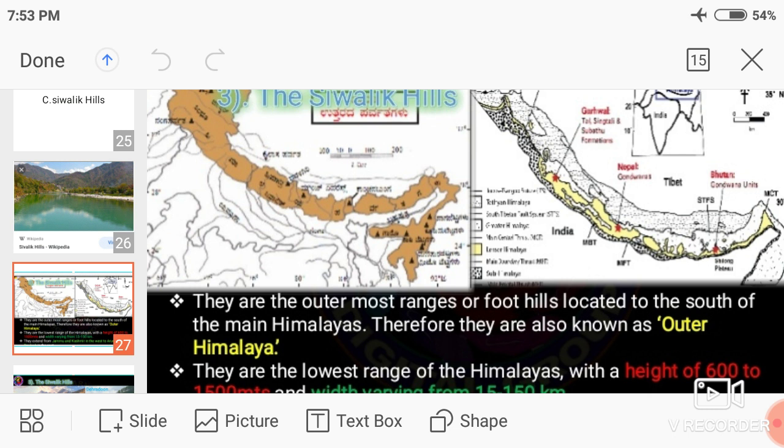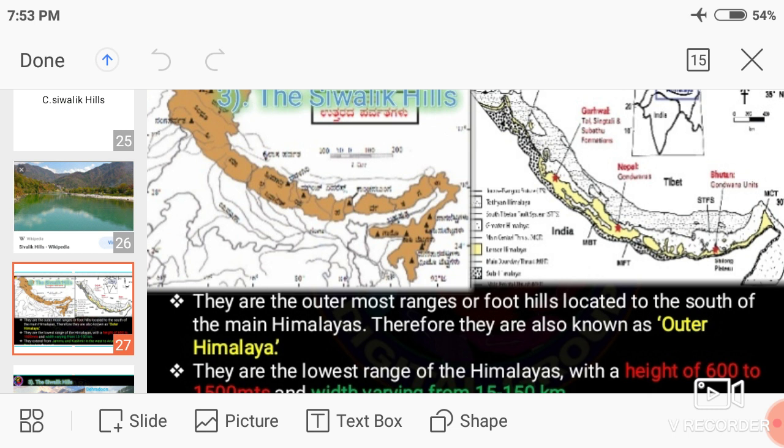The Greater Himalayas are also called Himadri. The Lesser Himalayas are also called Himachal. And the Shivalik Hills are also called the Outer Himalayas.